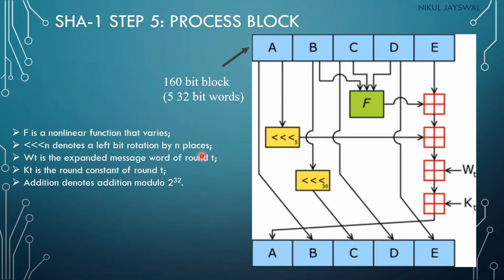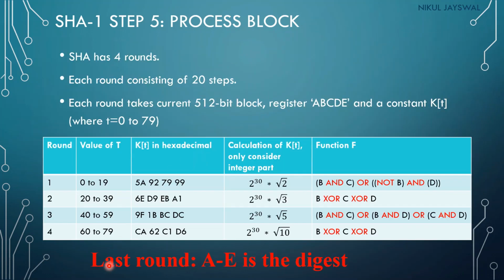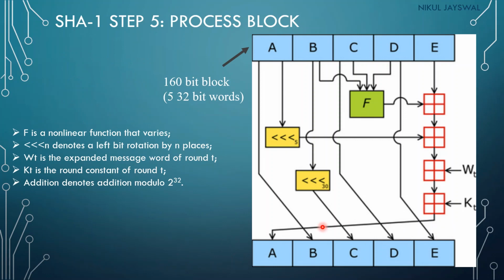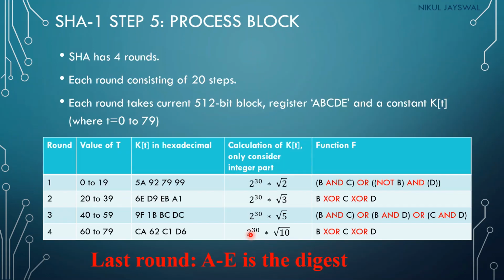For the last 512-bit block, word 79 will give you the output. So the last operation for the last block will give you the hash value. The final A to E will be your hash value, your final digest. This is how the SHA1 algorithm works.